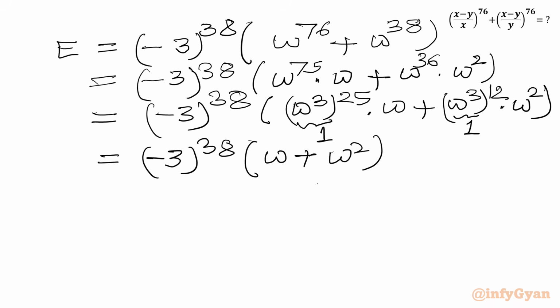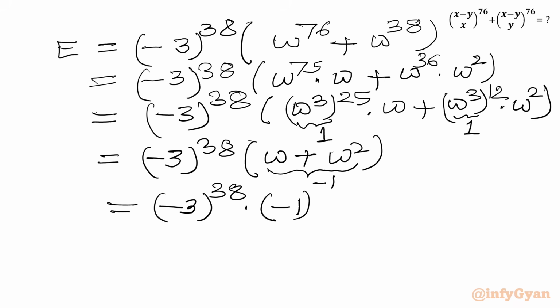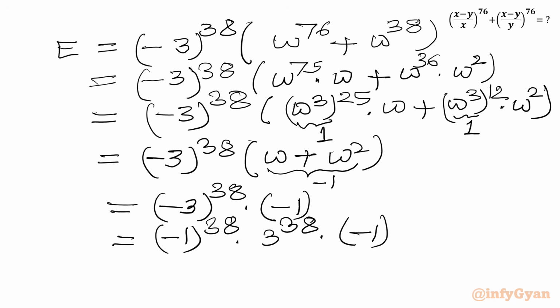1 + ω² is −ω, so ω + ω² will be −1. So we can write here (−3) whole power 38 times (−1). Now we will use the exponent law and we can write (−1)³⁸ times 3³⁸ times (−1).